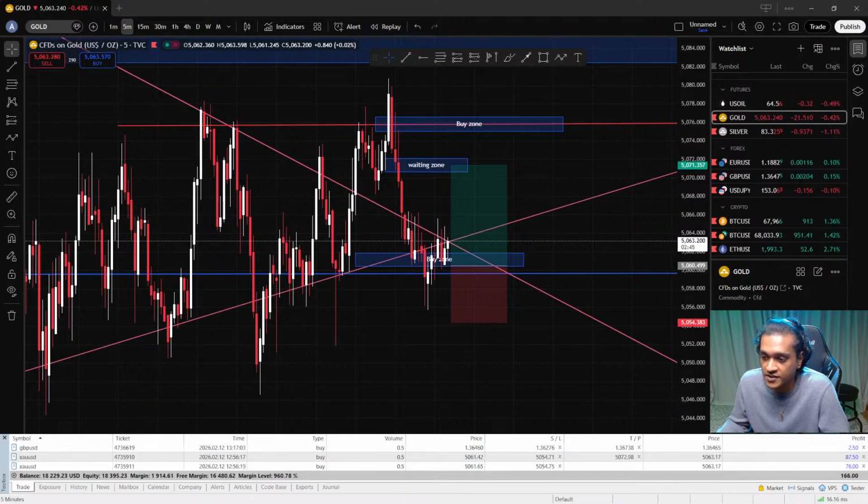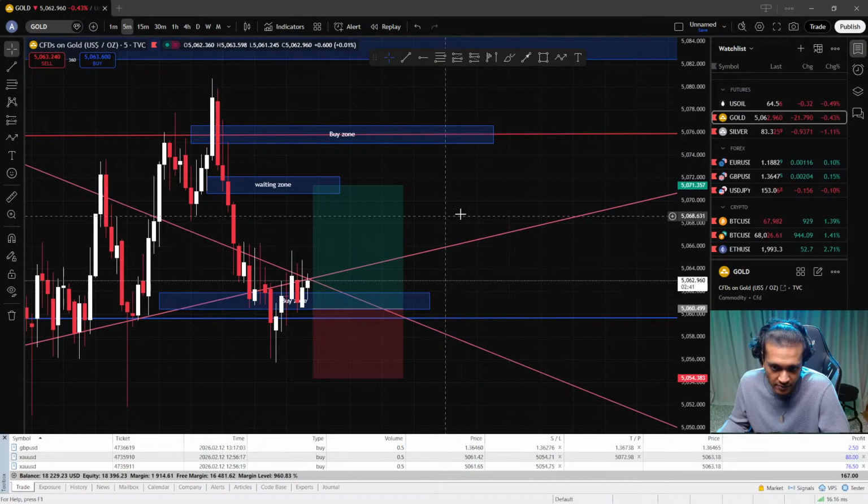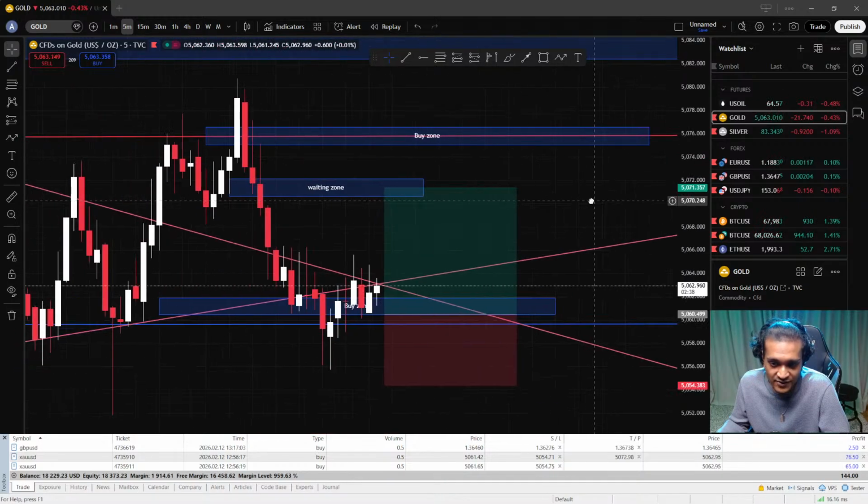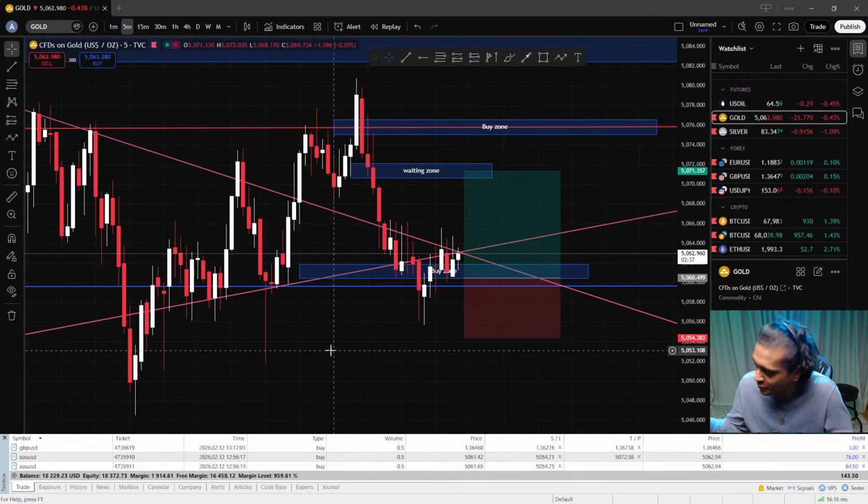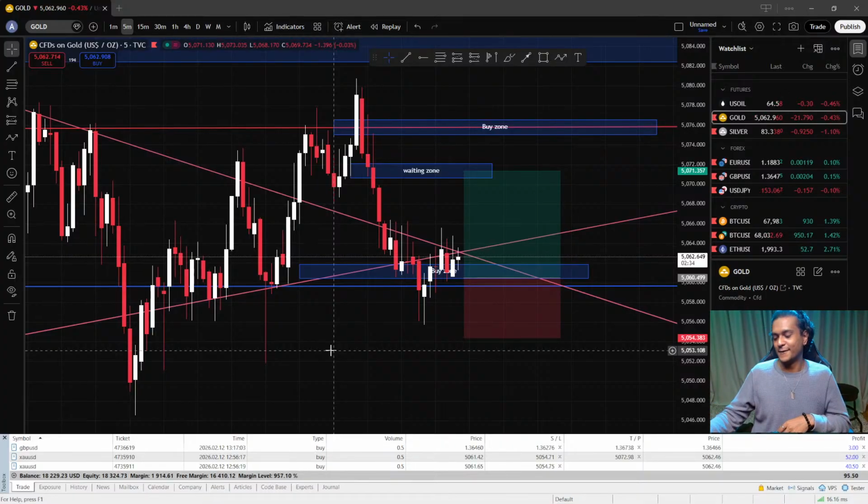And gold keeps coming back, touches our entry, and then continues flying up. Touch our entry, then fly back up. Bro, stop coming back to the buy zone and just keep going, man. Just keep going. You want to end out the day with a positive trade.